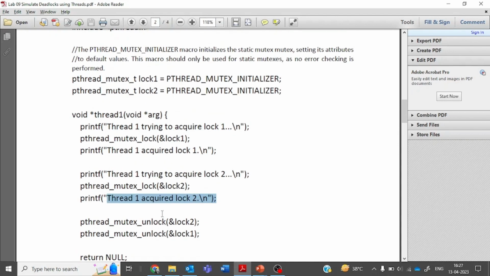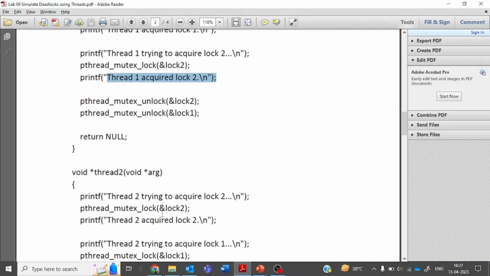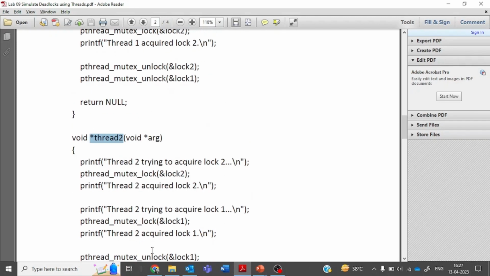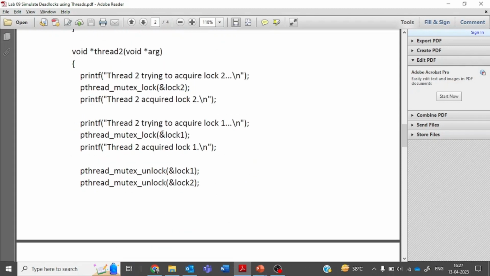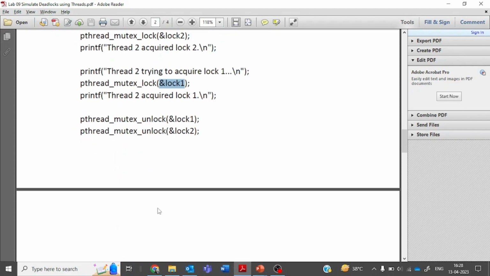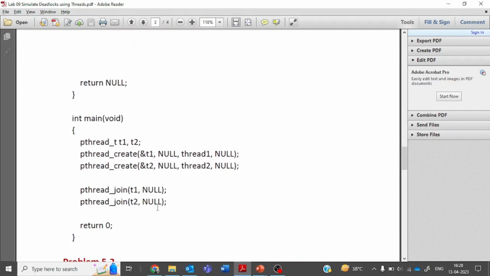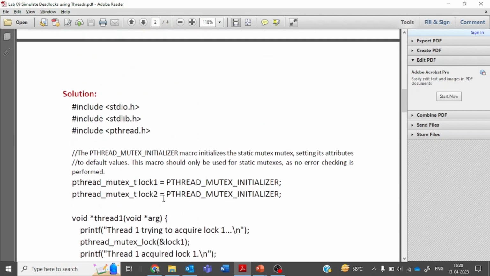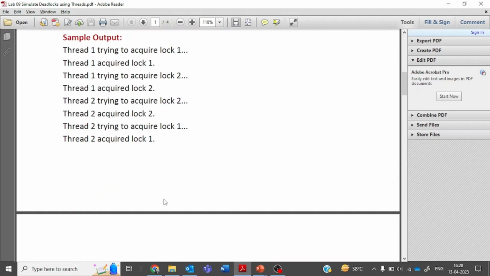So thread 1 has acquired lock 1 and lock 2. Now the second function, which is of thread 2, does the same. It acquires lock 2 first and then tries to acquire lock 1. Now when they are joined and this program is run, it results in the deadlock output.